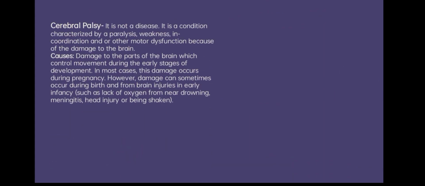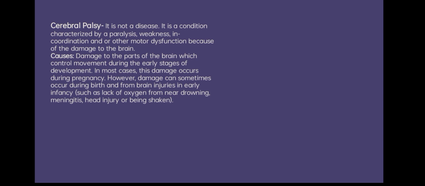Next is cerebral palsy. What is cerebral palsy? It is not a disease. It is a condition characterized by paralysis, weakness in coordination, and or other motor dysfunctioning because of damage to the brain.